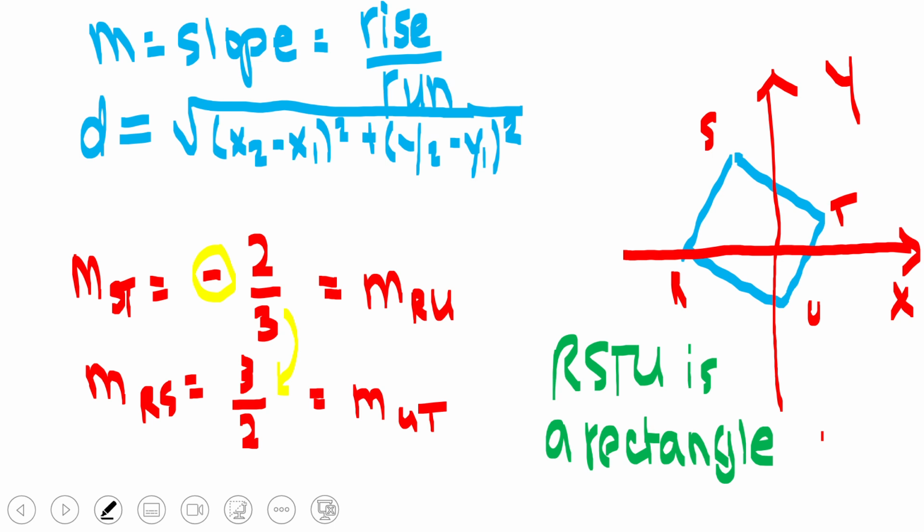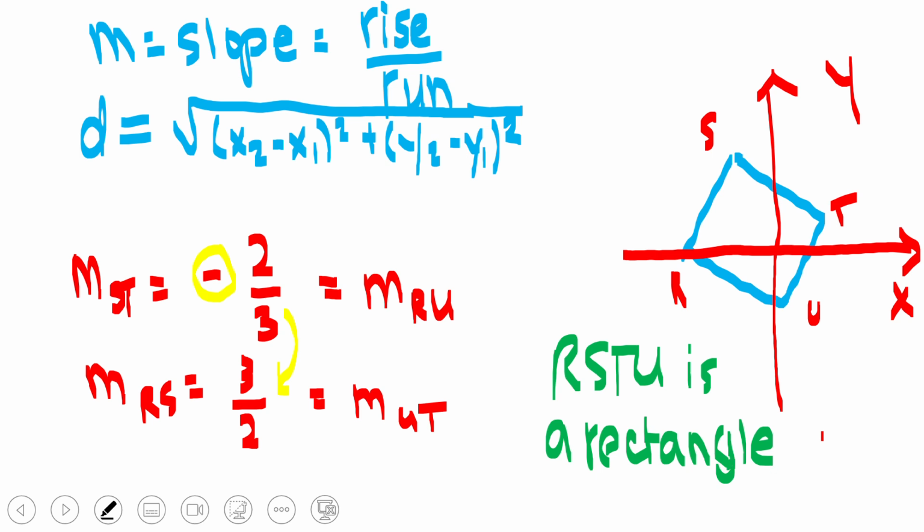Opposite sides are parallel and the consecutive sides are perpendicular. So this perpendicular situation with our slope throws a negative reciprocal, if you remember that.